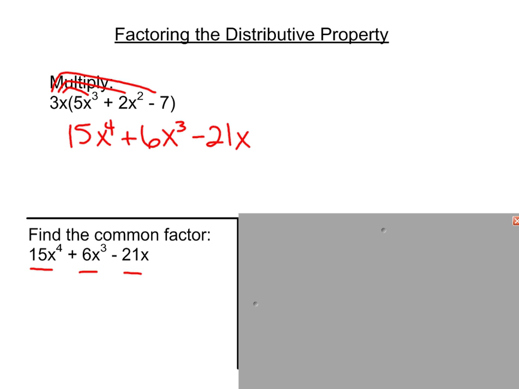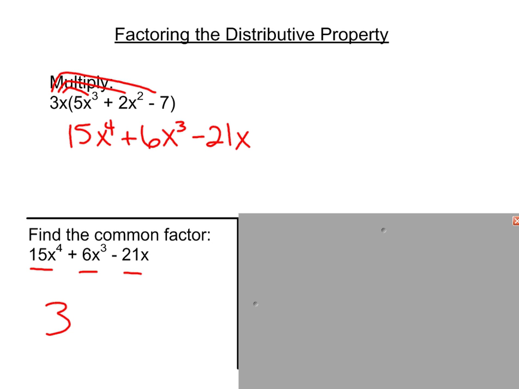And whatever they have in common is going to be my common factor. And so first off, looking at the coefficients, 15, 6, and negative 21, all of these look like they're divisible by 3. And so 15 divided by 3, 6 divided by 3, and negative 21 divided by 3. So my common number is 3.